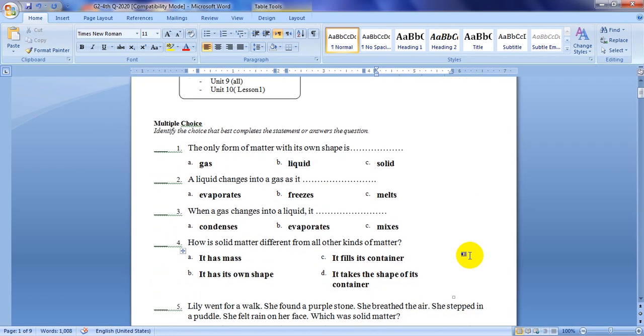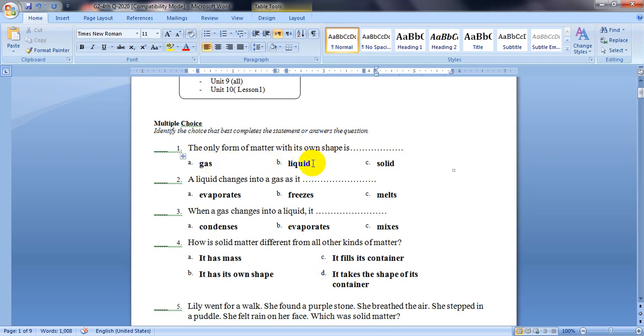Question number 1. The only form of matter with its own shape is gas, liquid, solid. Let's remember these kinds together. As we studied, a gas doesn't have its own shape. It spreads out to fill all its container. What about a liquid?